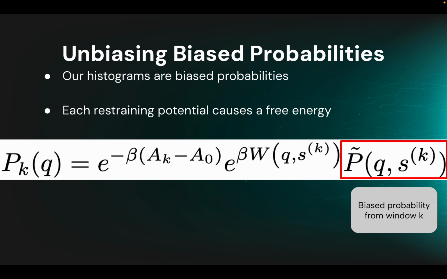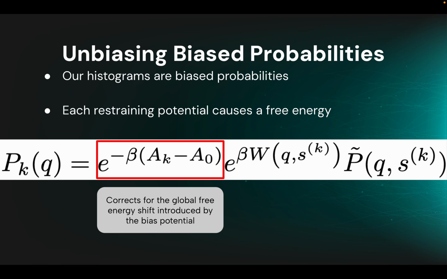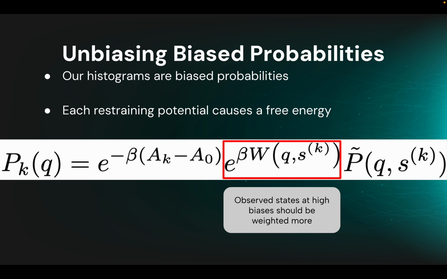We do this through two weights. The first weight corrects for the global free energy shift introduced by the bias potential. And so this essentially puts all of the different simulations on an equal playing field. And then this allows us to add more weight to states that we observed yet we biased against.